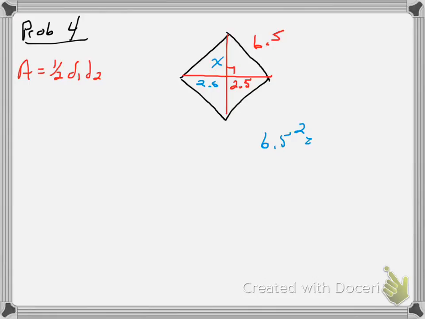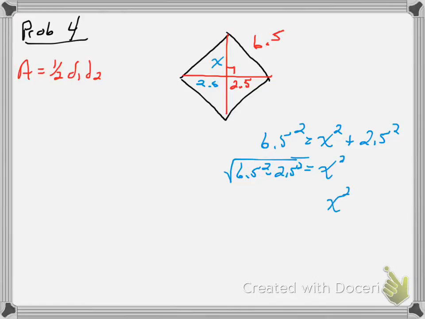6.5 squared equals x squared plus 2.5 squared. x squared equals, I don't have a calculator on me, so I'm just going to write it. 6.5 squared minus 2.5 squared, because I'm just subtracting it over.